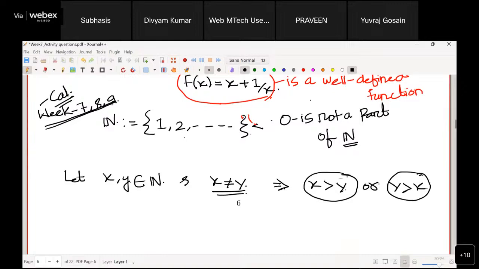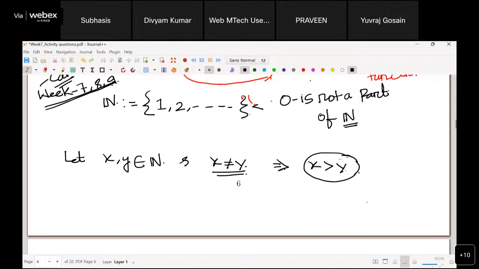So without loss of generality, suppose x is greater than y.